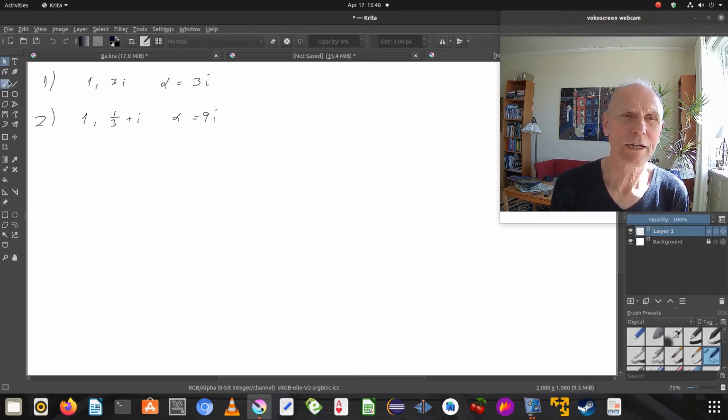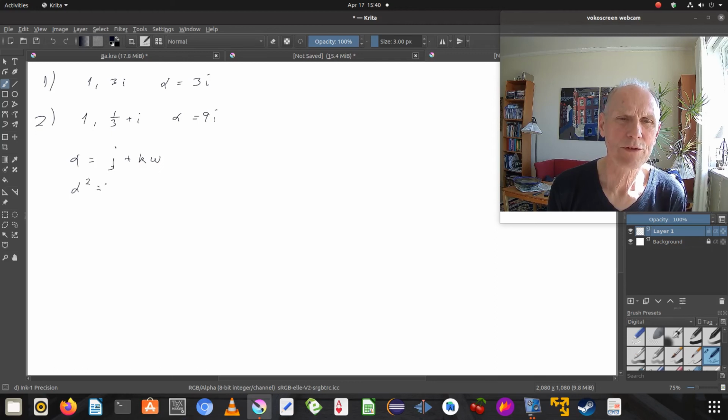The next idea I got was: we have alpha written as j plus k omega. Alpha squared is written as l plus m omega. Alpha to the third is written as p plus q omega. That gives some algebraic relations.